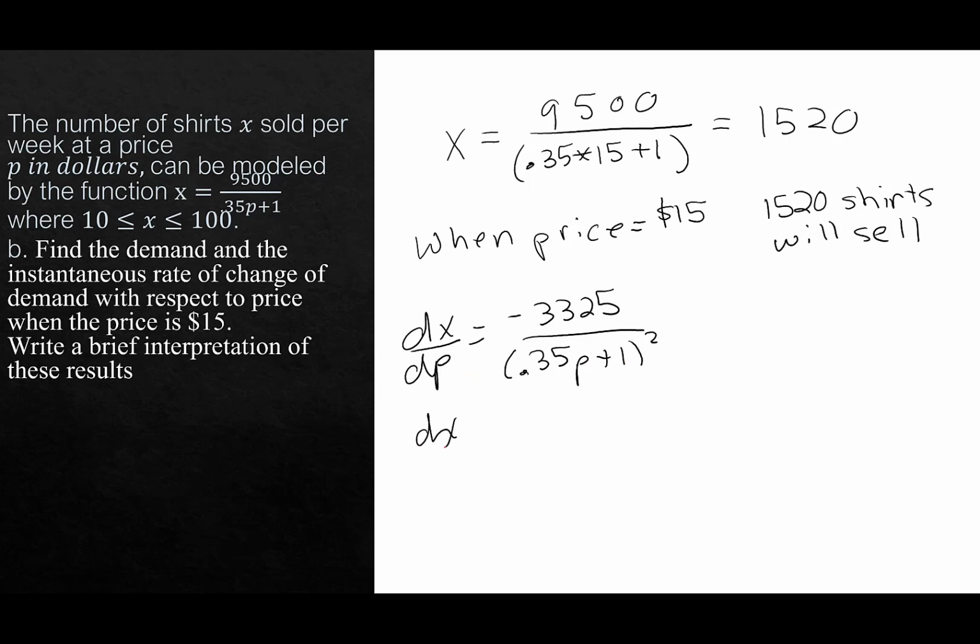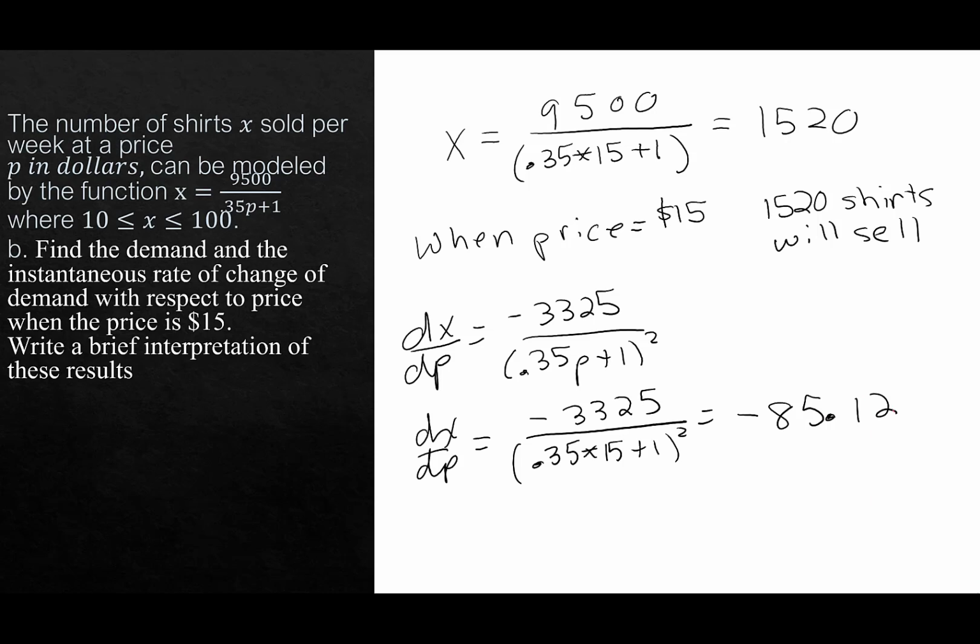So our dx/dp is going to be negative 3,325 over (0.35 times 15 plus 1) squared. I got negative 85.12. Okay, what does this say? Well, this says if you increase the price from 15 to 16, I expect the number of shirts to sell to reduce by about 85.